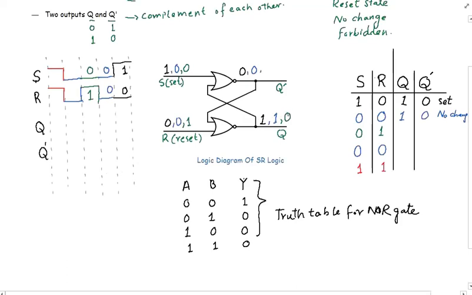So Q is now 0, and what will be the value of Q dash? 0 and 0 will result in 1 at the output of Q dash. So now in this case the state of the SR latch is reversed.